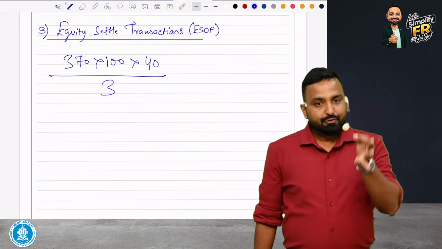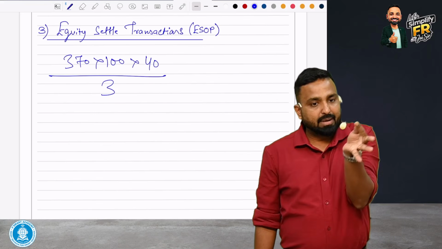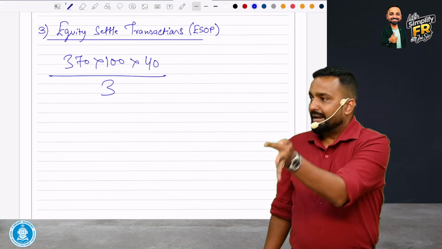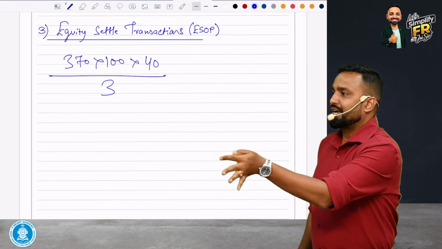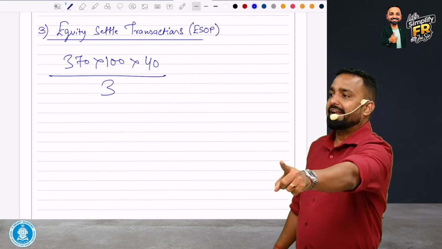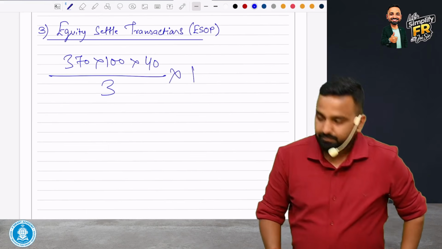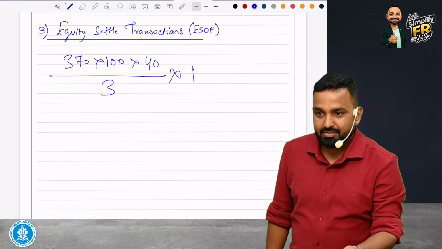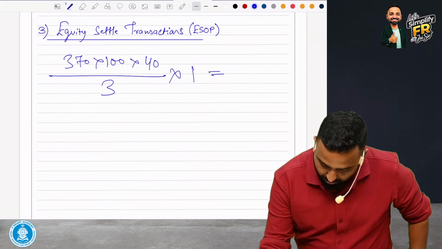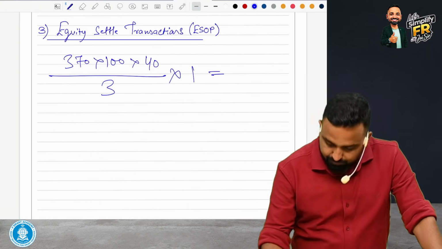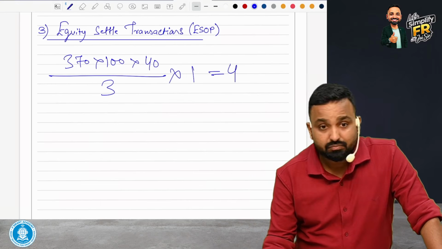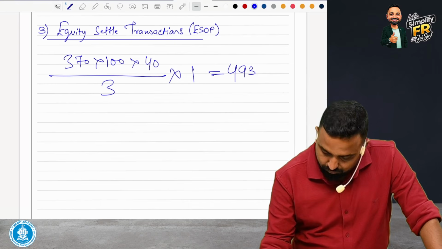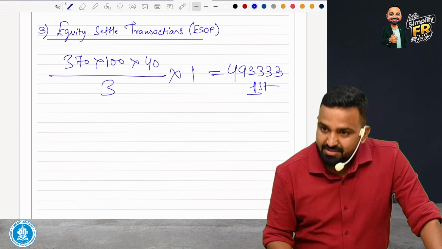Estimated number of employees multiplied by number of options per employee multiplied by fair value per option, whole divided by vesting period, multiplied by number of years lapsed. Tell me what is the value derived? 330. Is this the first year expense?